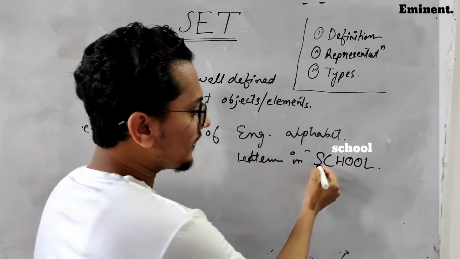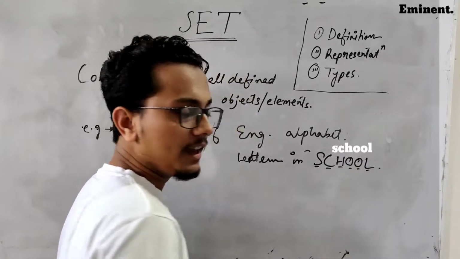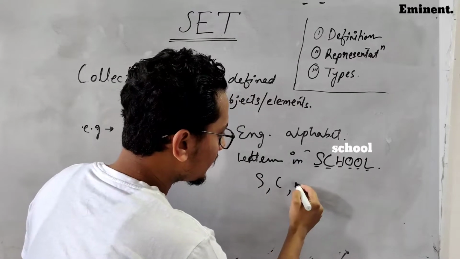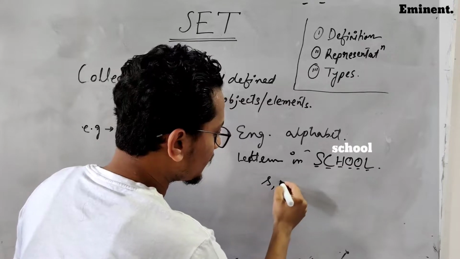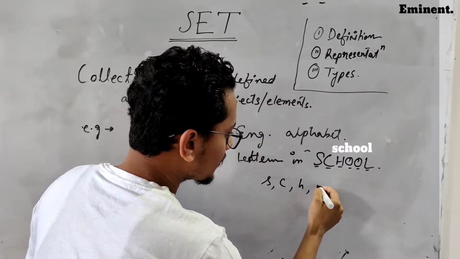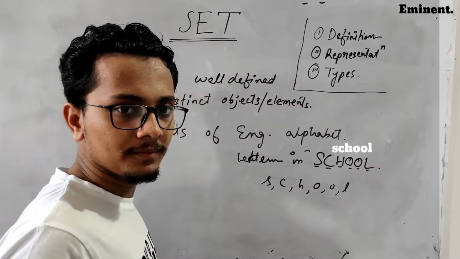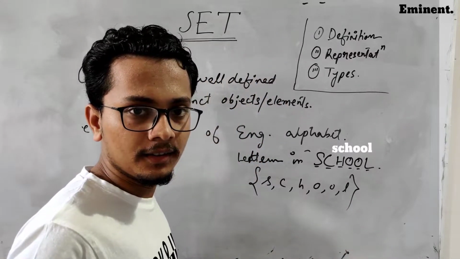You are taking S, C, H, A, O, N as objects. Then how will you take them? For example, S, C, H, O, N, and you have given curly brackets.